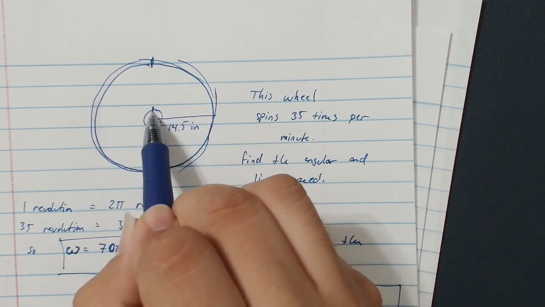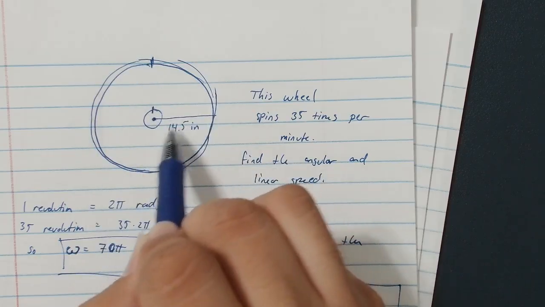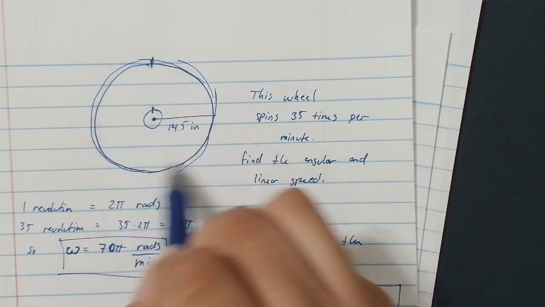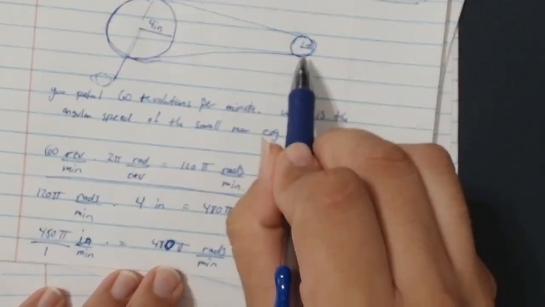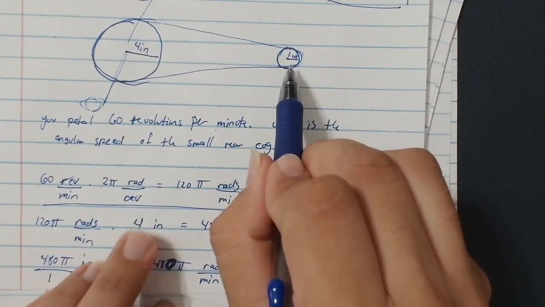So this one right here must have whatever its angular speed is. That's got to be the same as this angular speed. If this goes around once, this goes around once. This goes around 50 times, then so does this one. So now that we know the angular speed of our little rear cog, we can now go ahead and find the linear speed of our big wheel.